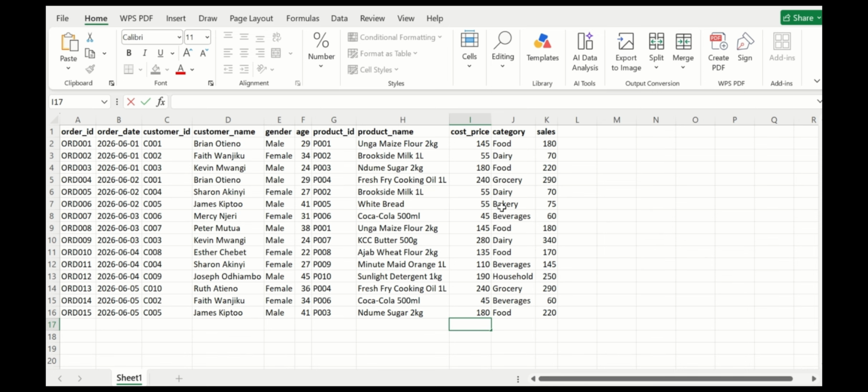If you look at this data, you'll find there's some problem that we need to sort out. For example, when a customer makes an order, we need to enter the full details of that customer: the order ID, the order date, customer name, gender, age, product, cost, category, sales, and so forth.